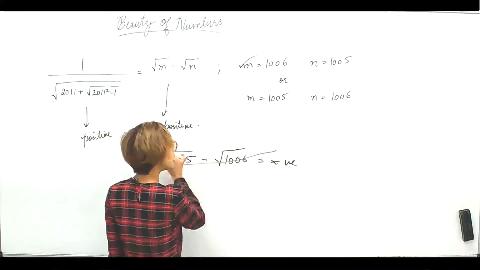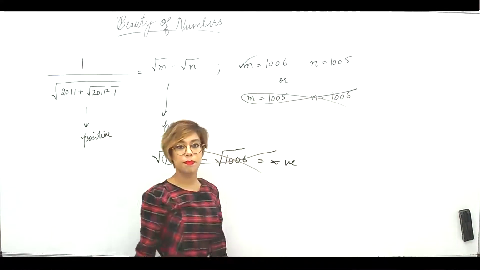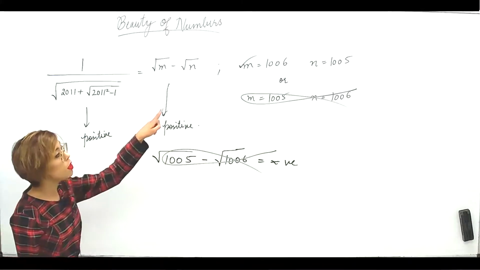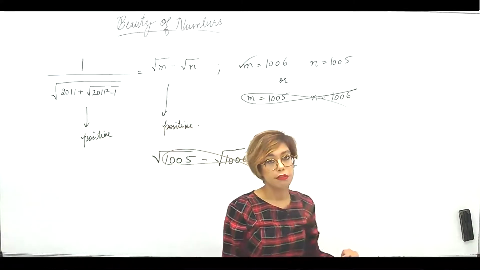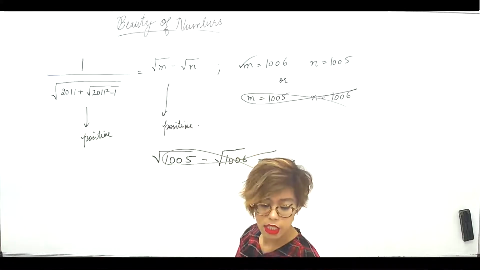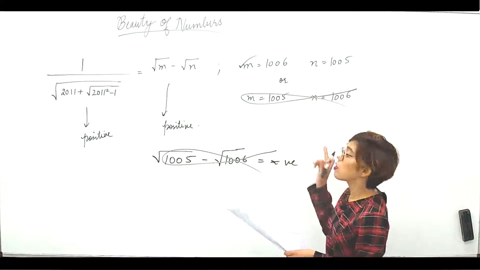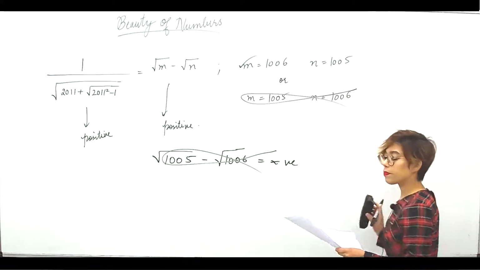That means this solution cannot be it. So there is just one solution to the equation, which is m is equal to 1006 and n is equal to 1005. Right? Okay. So good point over here. You need to reject one of the solutions. Right? Okay. Now write the next one.